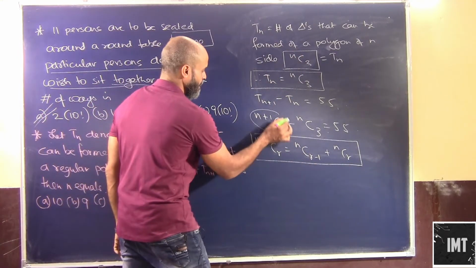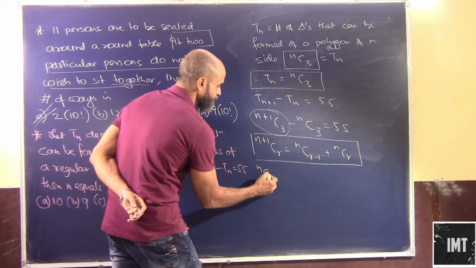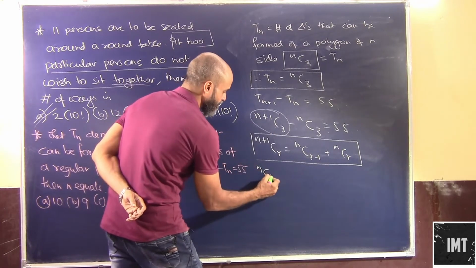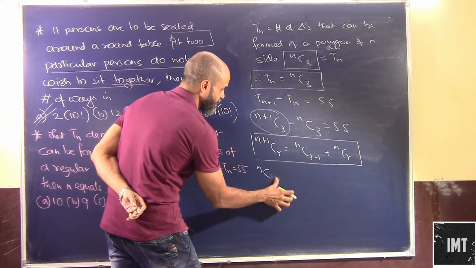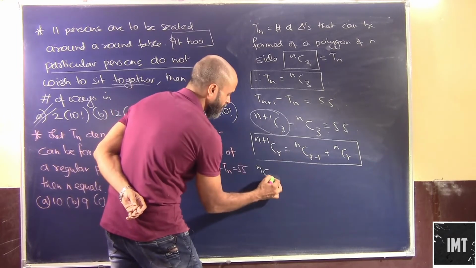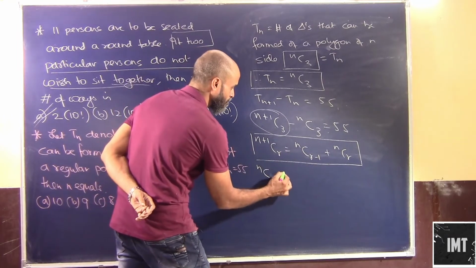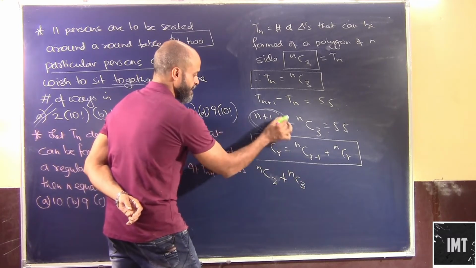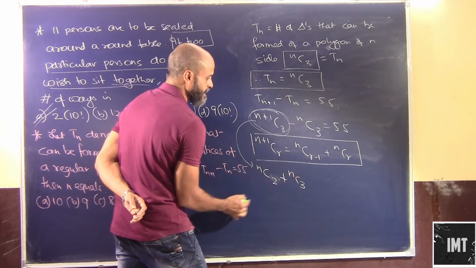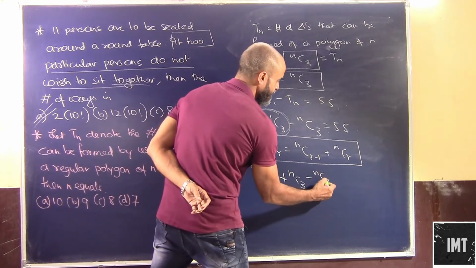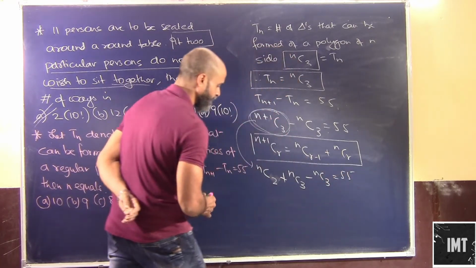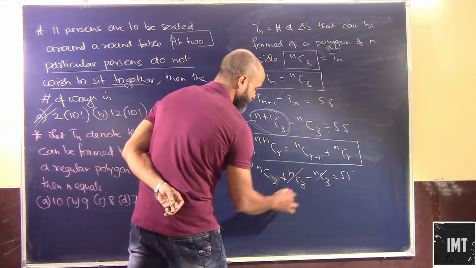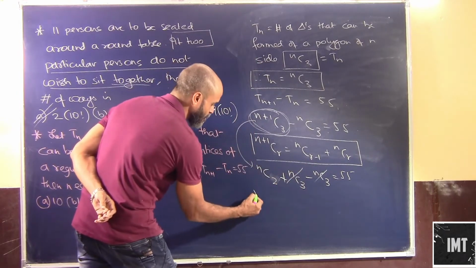So here, breaking this up, we can write n plus 1 c3 as nc2 plus nc3, right? This can be written as nc2 plus nc3 minus nc3 is equal to 55. So obviously nc3 and nc3 get cancelled here. nc2 is equal to 55.